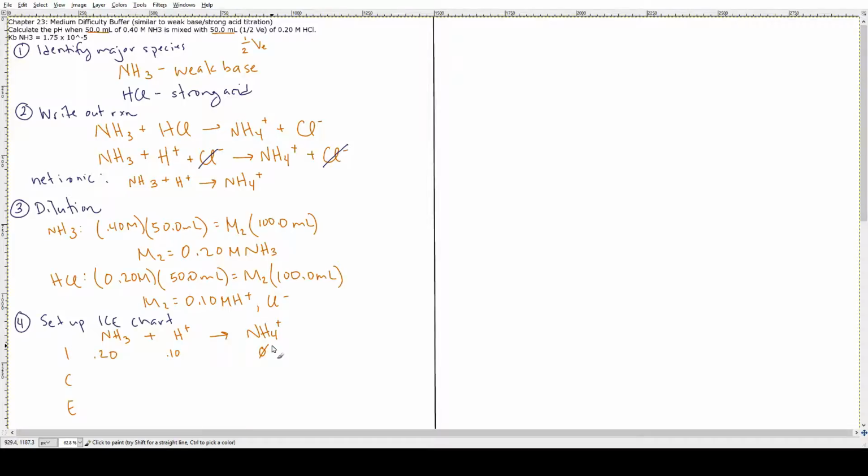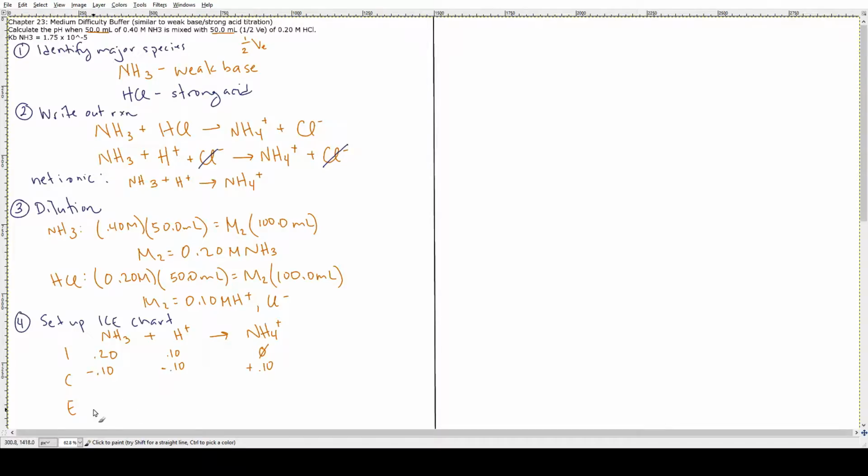Now I know that this strong acid is going to release those hydrogens, and those hydrogens are going to want to react with whatever they can, so I'm going to say that they all got used up, whereas these guys were limited by the amount of hydrogens we had. There.